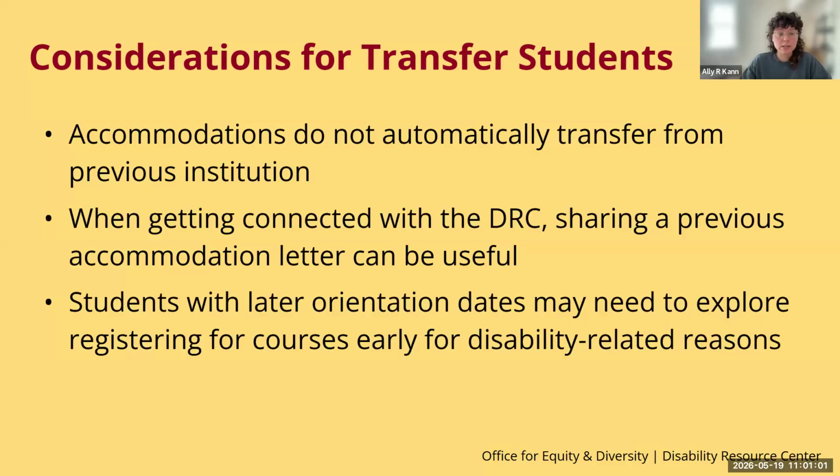Obviously, those accommodations tend to transfer a little bit more smoothly. They've already been applied to a college environment before. And students with later orientation dates may need to explore registering for courses early due to disability-related reasons.